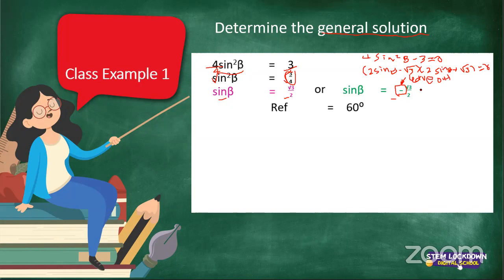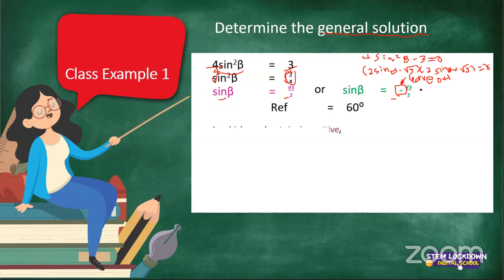What we use the sign for is then to determine, once we have our reference angle, which quadrant we are working in, okay? So here, in this case, our reference angle is the same for both our solutions, one being positive, one being negative.